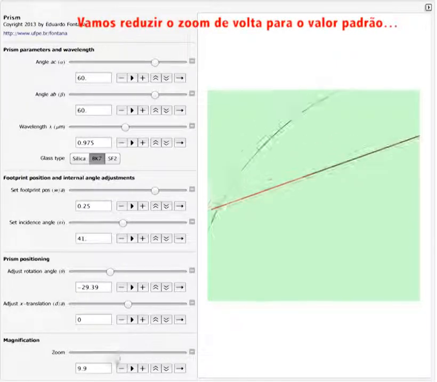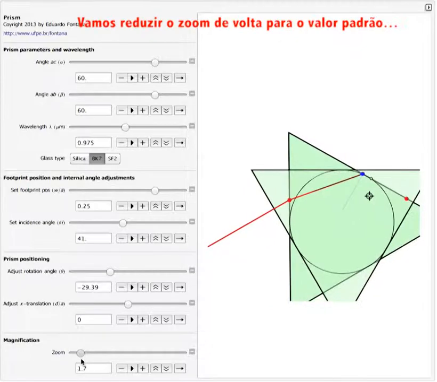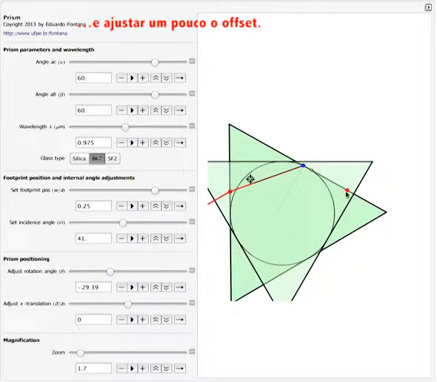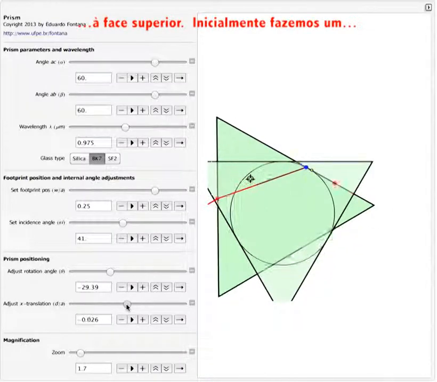Let us magnify back to the standard size of the workspace and offset a little bit. Notice that our objective is to reach that red dot. To do this, we use our virtual translation stage to shift the prism in a direction parallel to the original upper face.